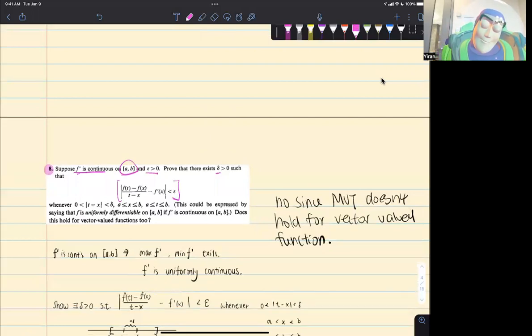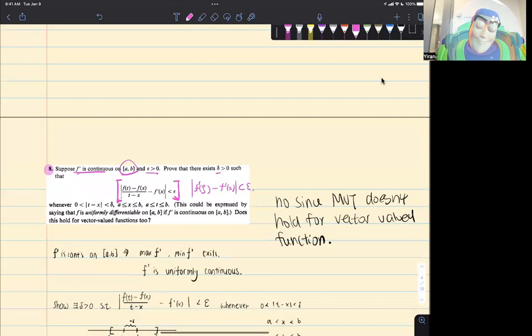Why? Because you can rewrite this expression. So there exists a c in the interval (x, t) such that this is equal to f prime of c. Okay, so |f prime(c) minus f prime(x)| is smaller than epsilon. So we have this.